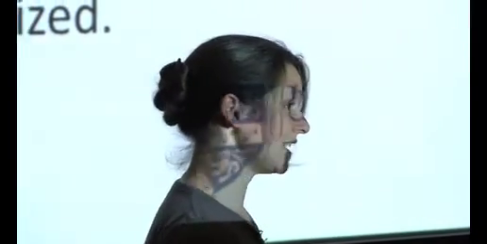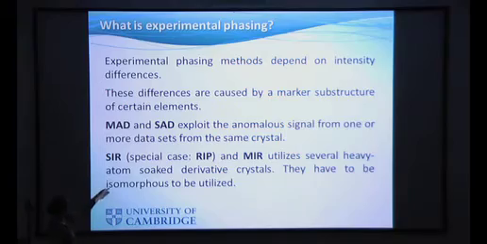Experimental phasing methods depend on intensity differences. These differences are caused by marker atoms that can be heavy atoms or anomalous scatterers, or, in radiation-damage-induced phasing, atoms that get lost due to radiation damage. MAD and SAD methods exploit the anomalous signal from one or more data sets, usually from the same crystal, or from crystals which are identical.